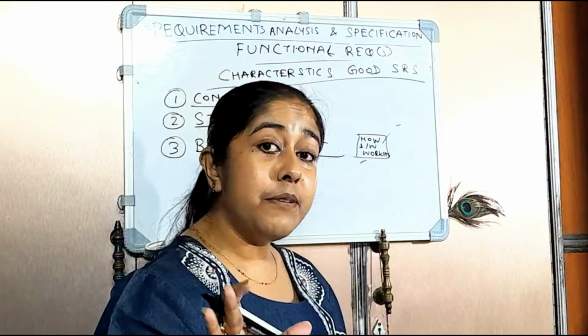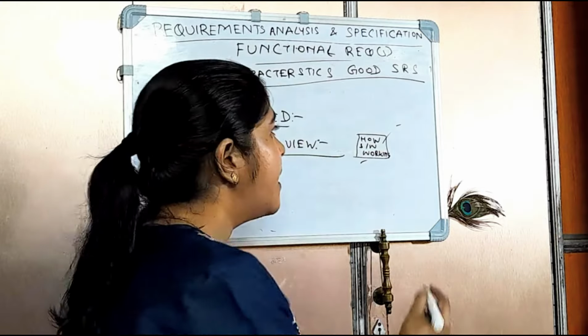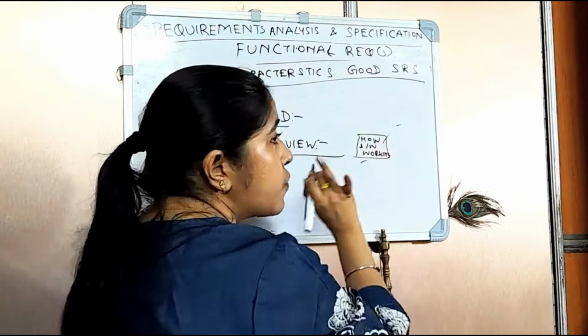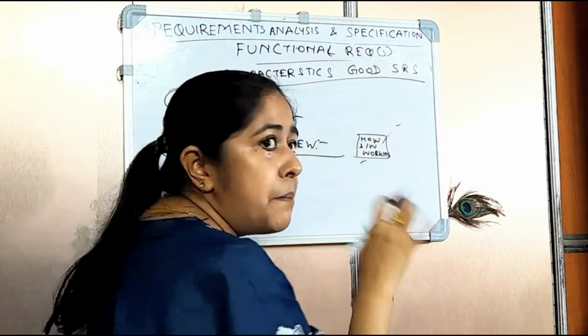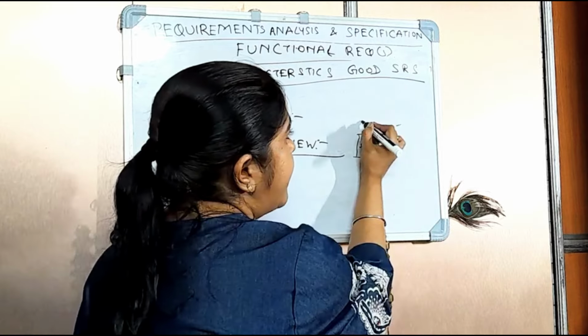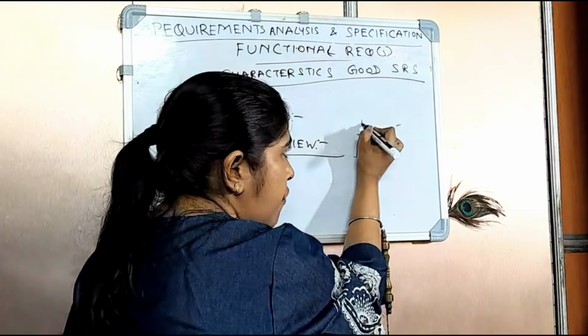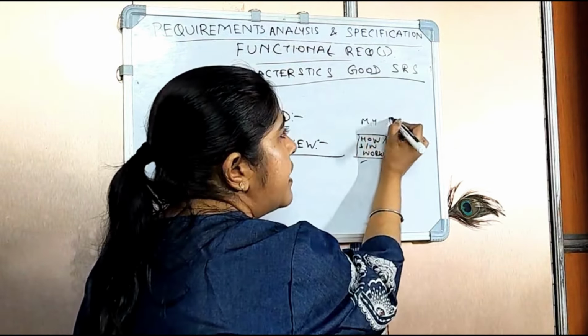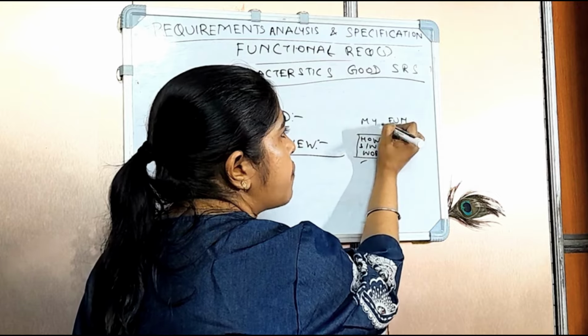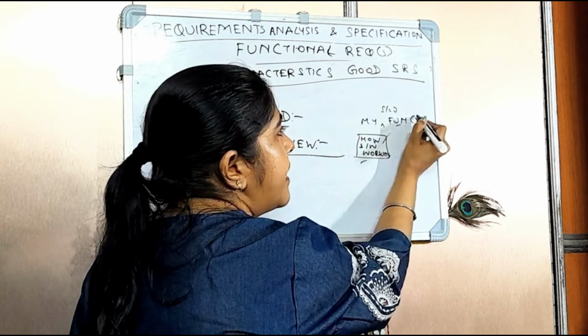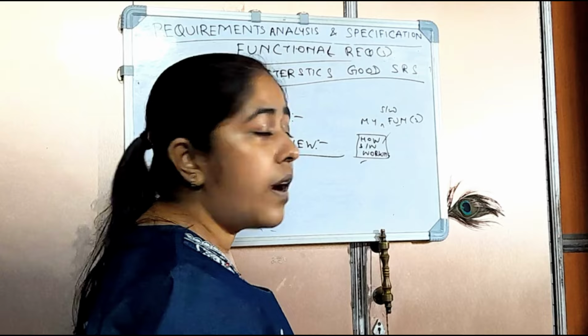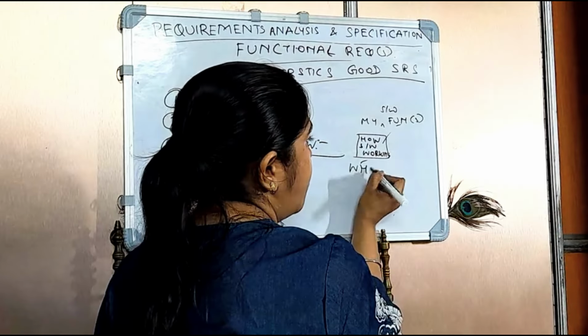But here it will be only the black box view. What is that? How my software is working? No. What thing I am implementing? No. Only the things my software is going to do. These functions of my software are going to be there. Only what my software is going to do.